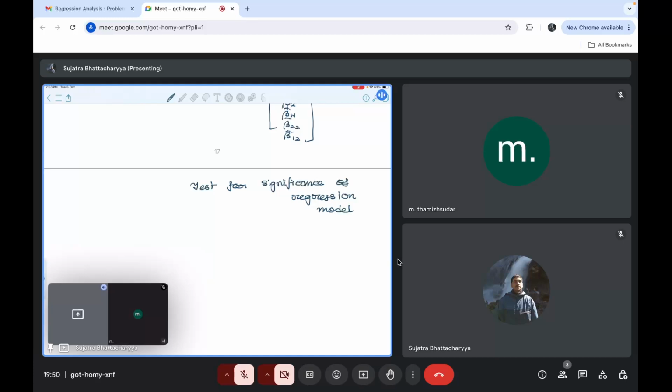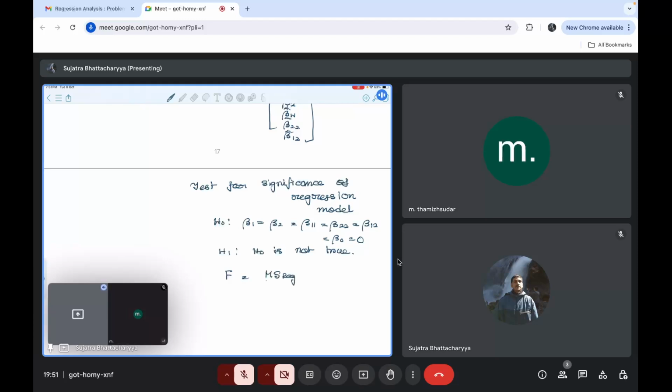It's the entire regression model test you are doing. So H naught will be beta 1 equal to beta 2, beta 1 1, beta 2 2, beta 1 2, all equal to 0, and H1 is that H naught is not true.